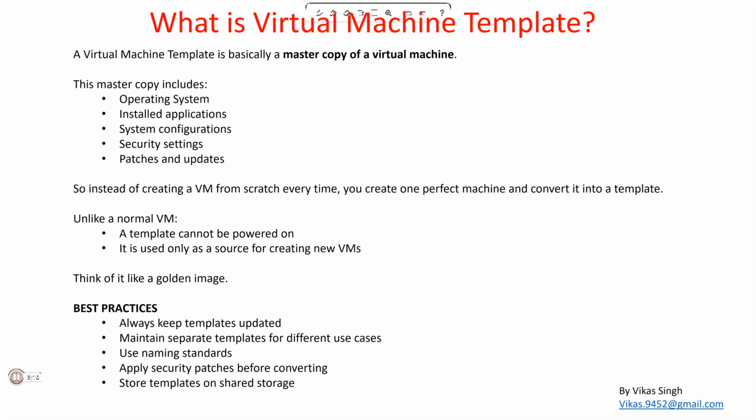Apply security patches before converting to a template. Whenever you are creating a new machine and trying to use it as a golden image or template, you should always apply all the security and critical patches to that virtual machine before converting it to a template.